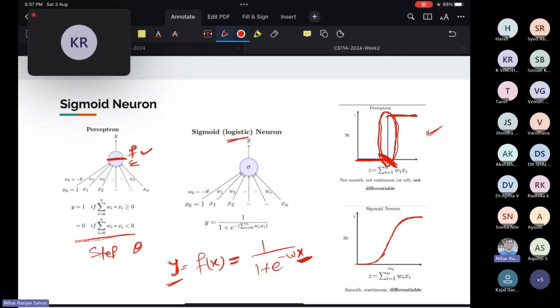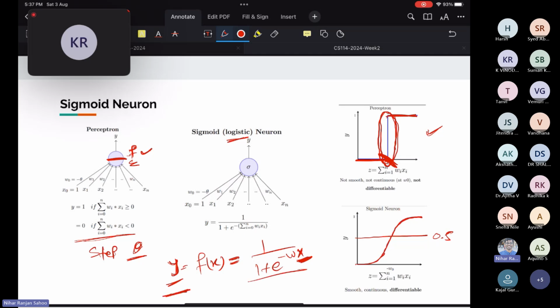But how will it decide the theta, class one or class zero? Here we knew we could come up with some theta where the jump happens, and that gives the decision boundary for class one and class zero. Here also we can decide some theta. Generally the theta we decide is 0.5. We apply this function and get the value y.